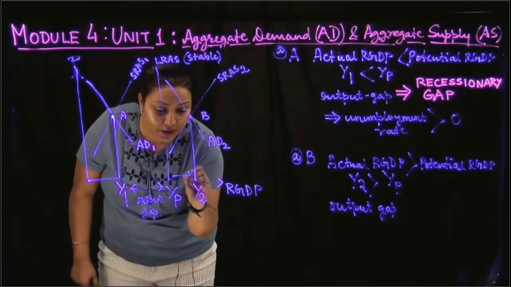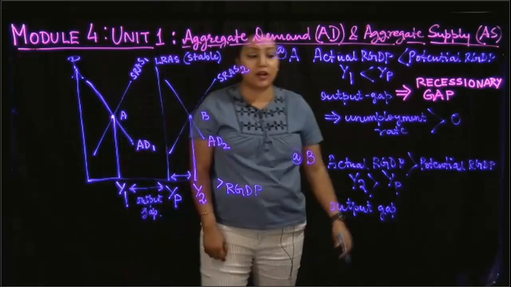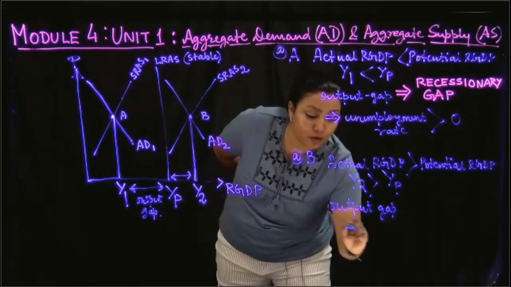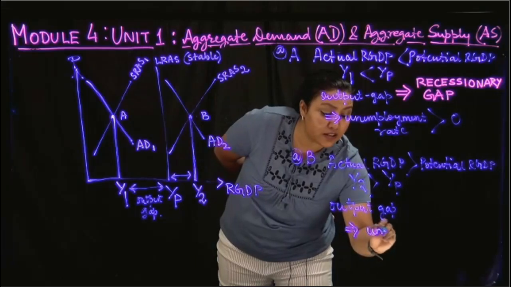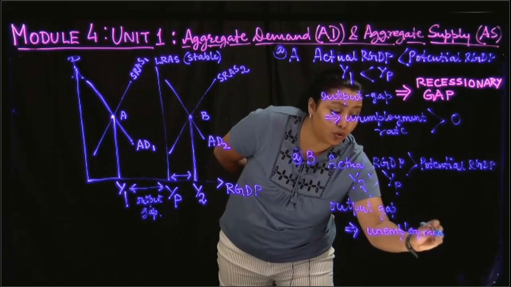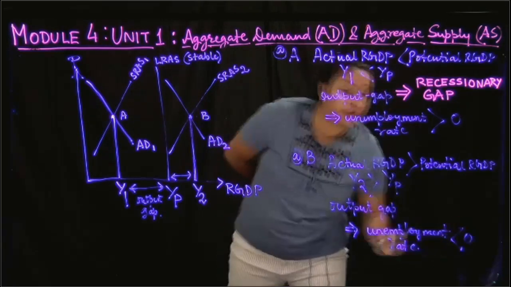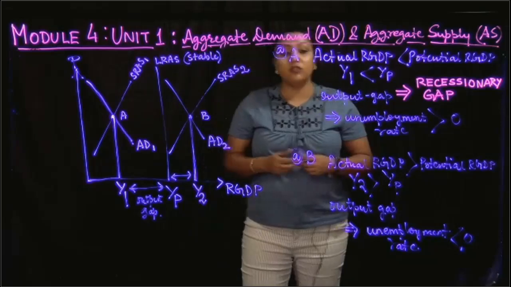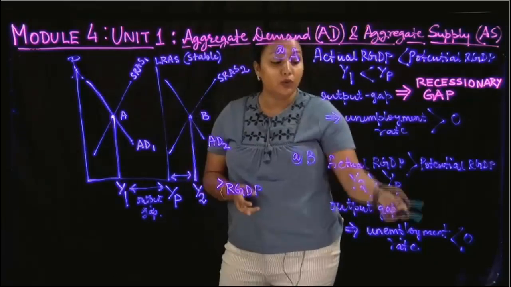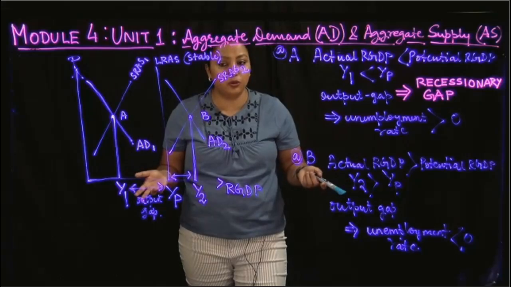Instead, there is an output gap where there is overutilization of resources in the country, and that overutilization of resources basically leads to a negative unemployment rate. Now that is something you do not see in the real world, but it's a theoretical possibility. It's possible theoretically, because it simply means that people not only have one job, but they have multiple jobs available to them.